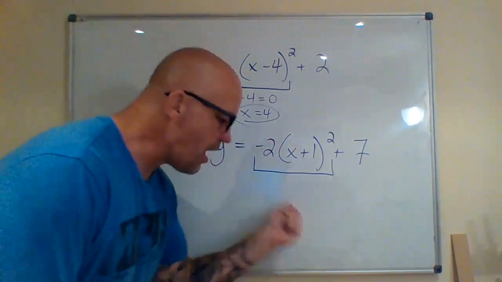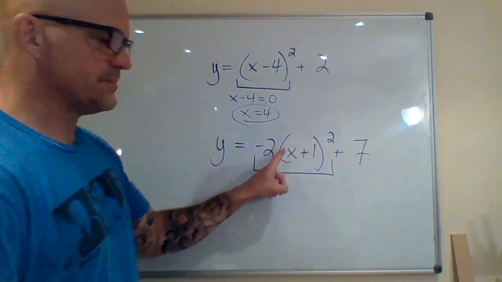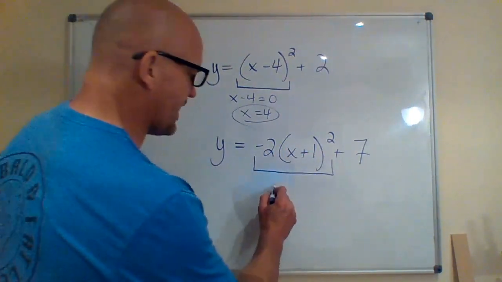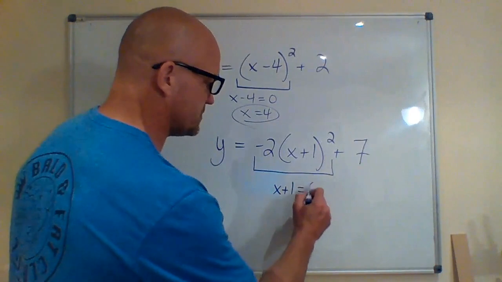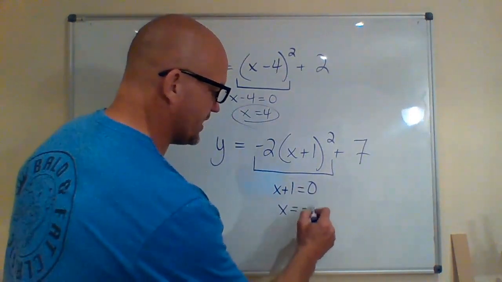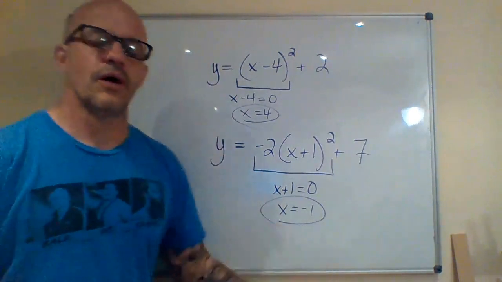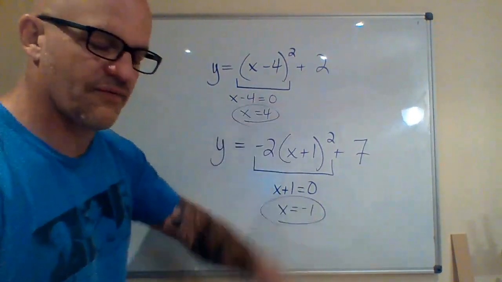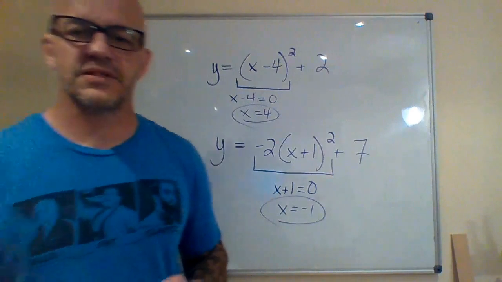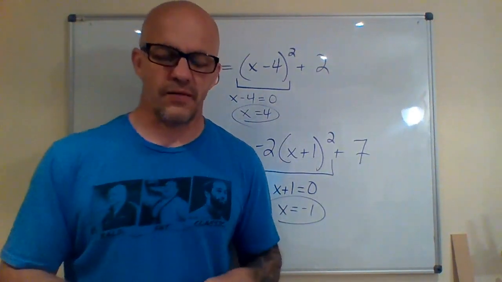The only way it's not negative is when this guy comes out to be 0. So he once again sets x plus 1 equal to 0 and solves and gets x equals -1. That is again the x value of the vertex. Then you can plug that in, find your y value, you can find your vertex. So that's why he references that all the time.